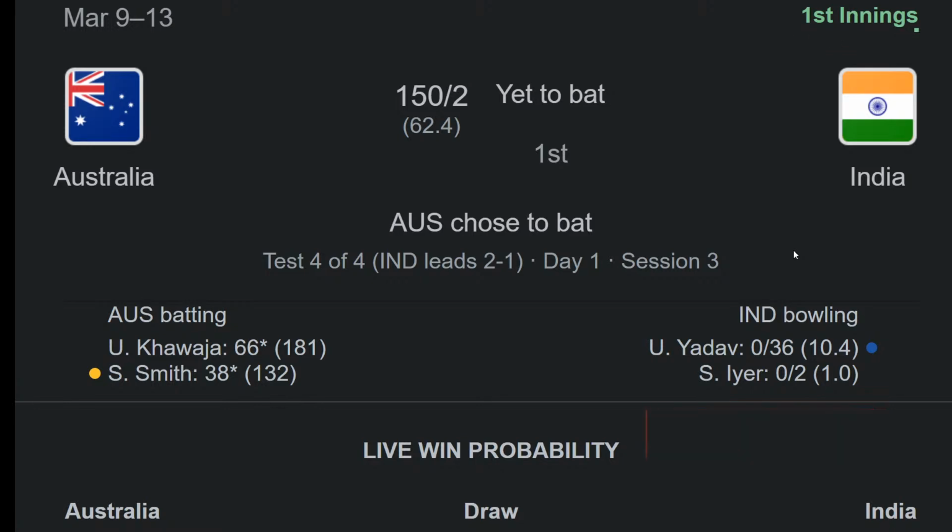150 for the loss of 2 wickets in 62.5 overs. Smith 38 and Khaja 66. Here comes Umesh Yadav for his last ball of the over.